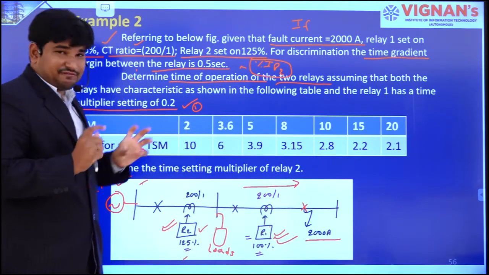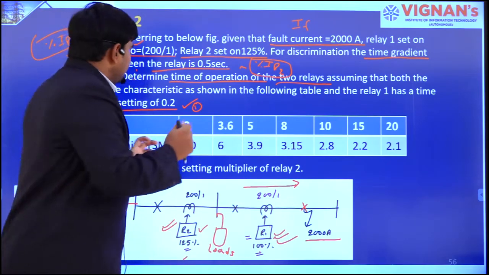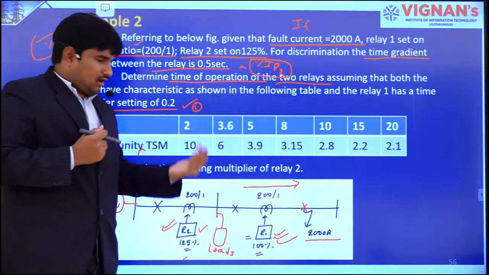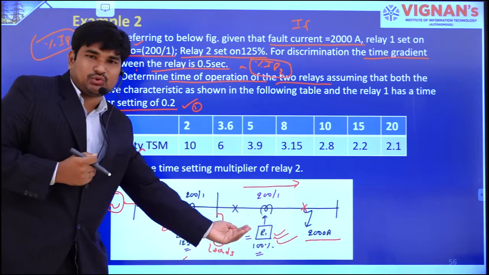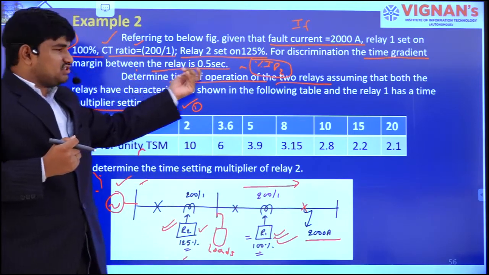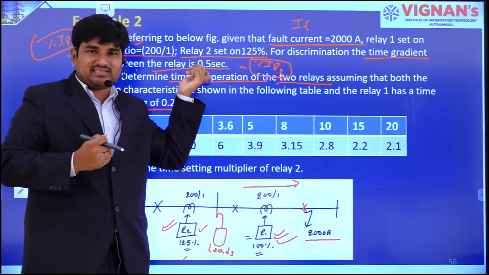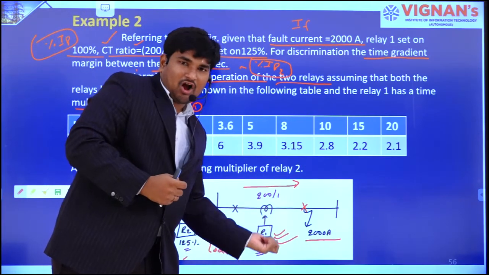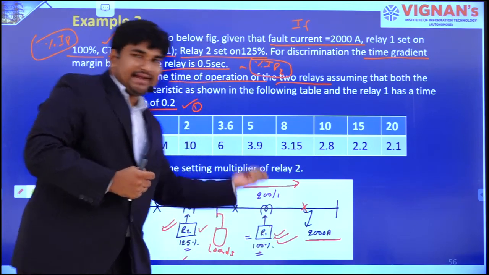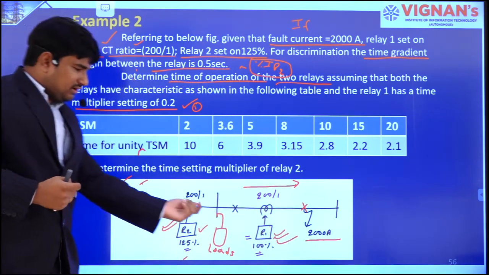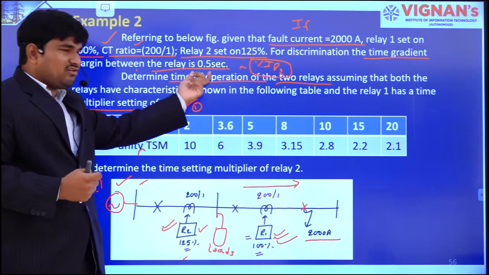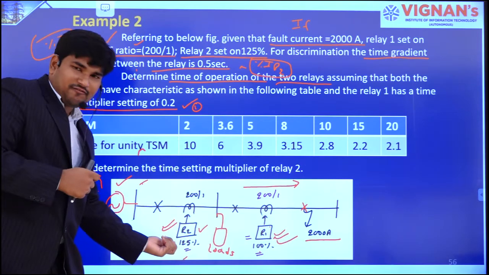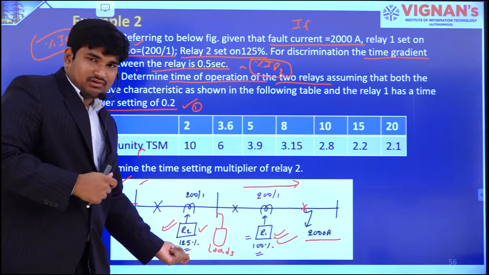Let us observe here. We have the time gradient, or the time difference between these two relays, which is 0.5 seconds, right? So if I get the operating time of relay 1, then by adding the 0.5 seconds delay, I can get the operating time of relay 2 as well, right?